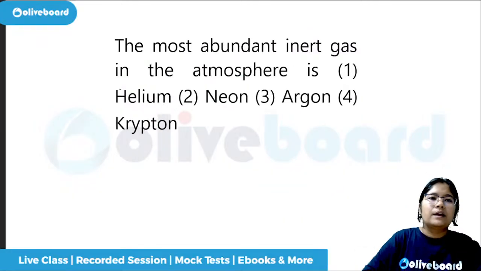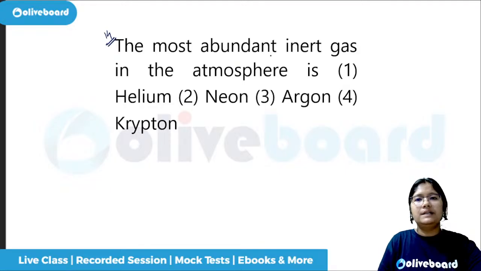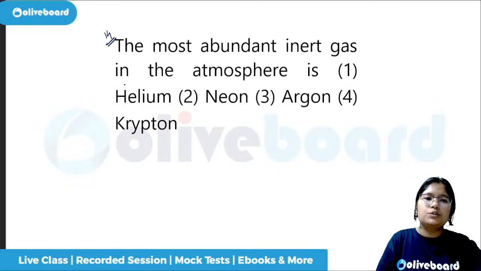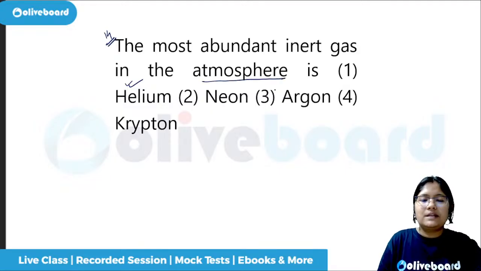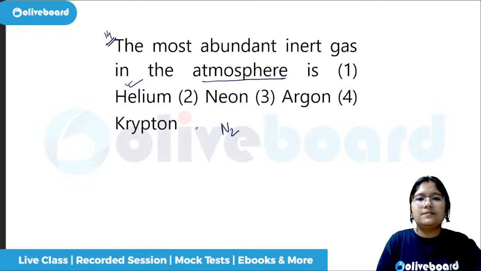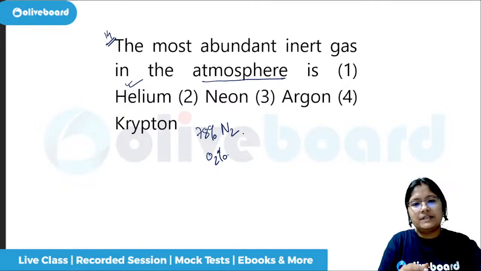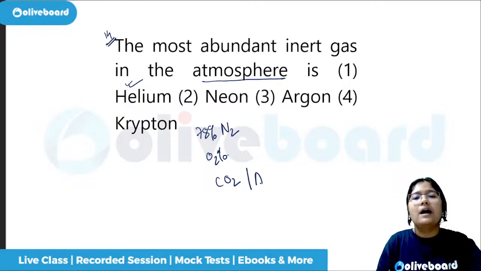Question number 14. The most abundant inert gas in the atmosphere is? Which is the most abundant inert gas? In the atmosphere, as we study, nitrogen is 78%, then oxygen, then what else is there? After this, for example, there is CO2, then there is argon.